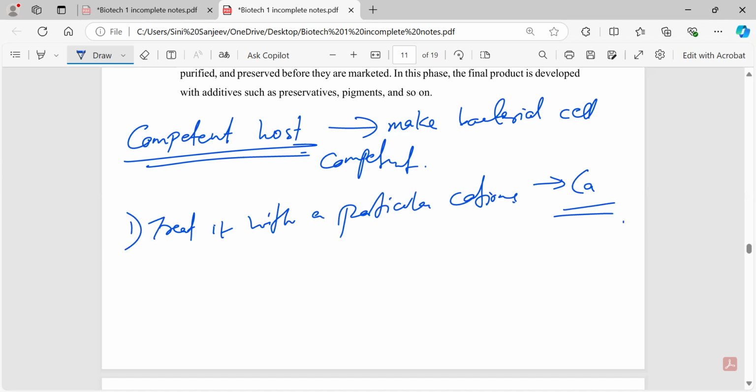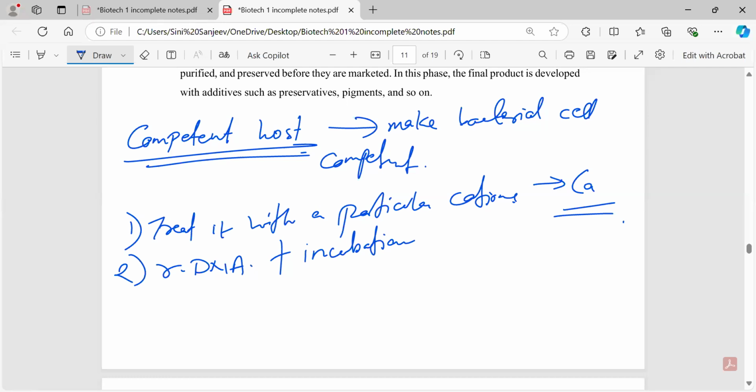Then whatever your rDNA is, that can be forced into these bacterial cells. But for that, you have to do incubation. Incubation is nothing but keeping your bacterial cells under sterile conditions for a required temperature, pressure and humidity. Then it will be forced to take that particular recombinant DNA into it.